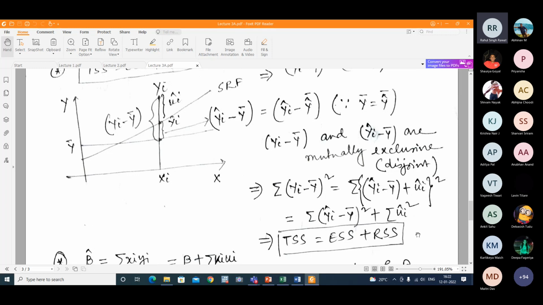In the sense that the higher this explained part, the more this estimated model is capturing a larger part of the variations in Y.